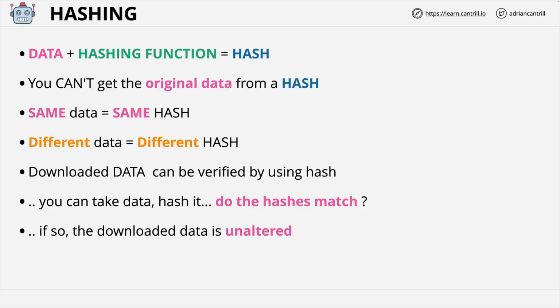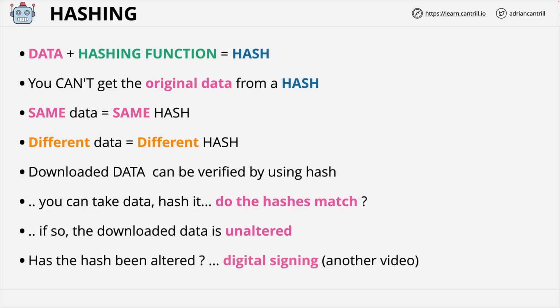Now, in these type of security sensitive situations, or if you're a security professional, you also need to be sure that the hash itself hasn't been altered, and also whether the hash itself was generated by the person who claims to have generated that hash. So if I make some software available to you and you download it, you need to first check that the download hasn't been altered by hashing it yourself and comparing your hash to the hash that I publish.